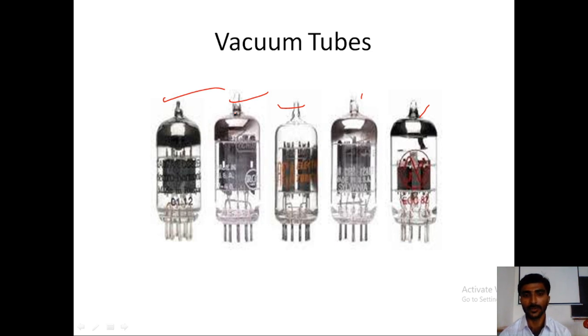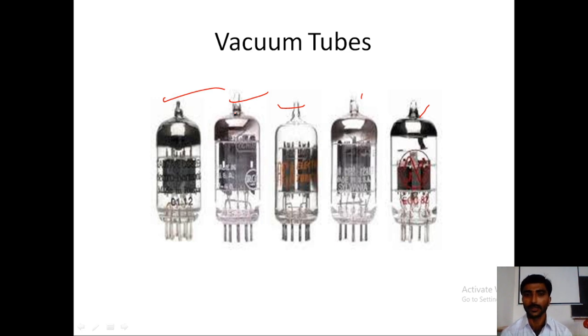When you use vacuum tubes, you have to replace the fuse frequently, because they get damaged frequently as they produce a lot of heat. Therefore they were very expensive, and only large organizations were able to afford them.